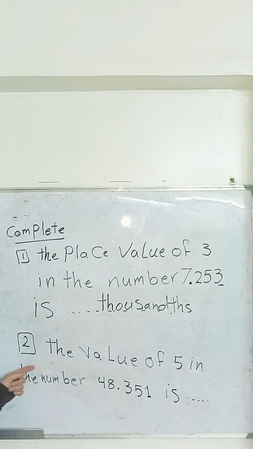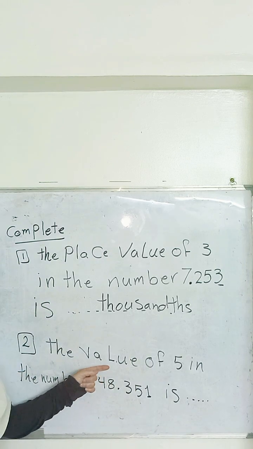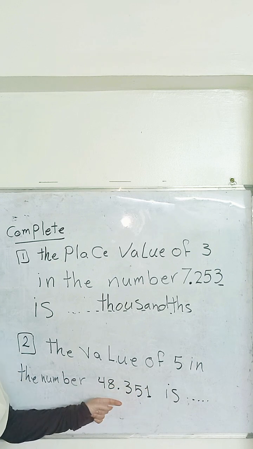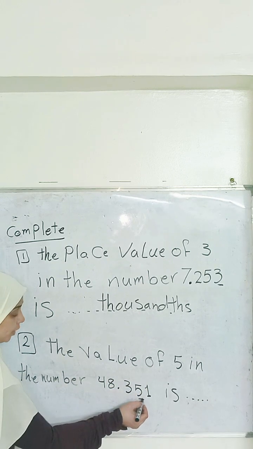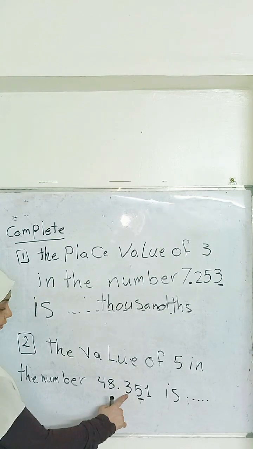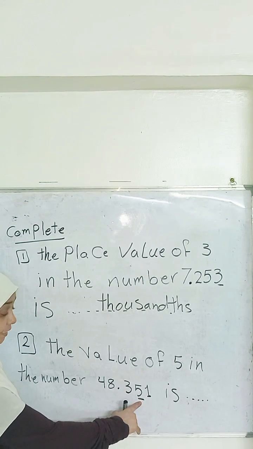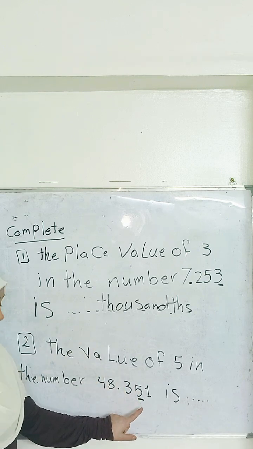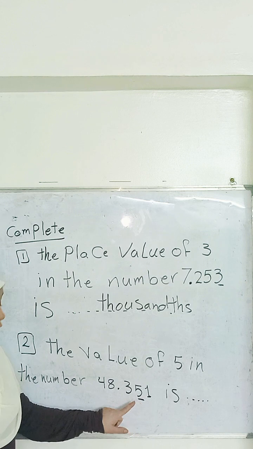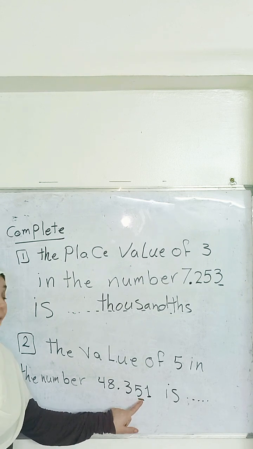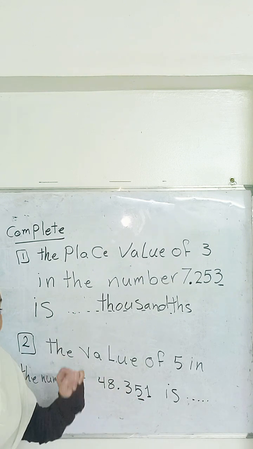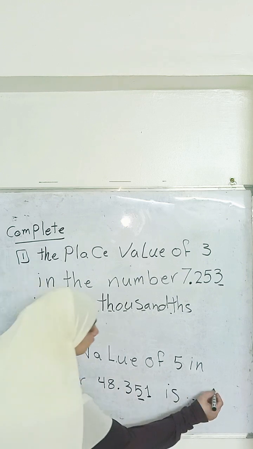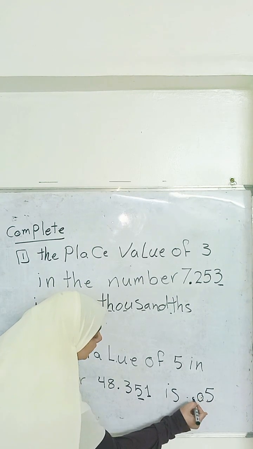Number 2, the value of 5 in this number. Where is 5? Here. First, second. 5 is in the second house, which means hundredths. So the value will be 500.